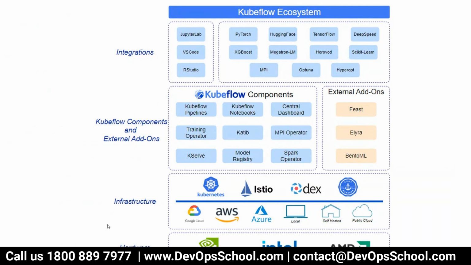Look at it: powered by hardware, in terms of infrastructure you can run on your laptop, cloud, private or public, and on top of that you run Kubernetes with Istio, and on top of that you run Kubeflow. In Kubeflow you get a lot of utilities which I talked about: pipeline, notebook, dashboard, training operator, Katib operators, KServe, model registry, Spark operators, and many more.